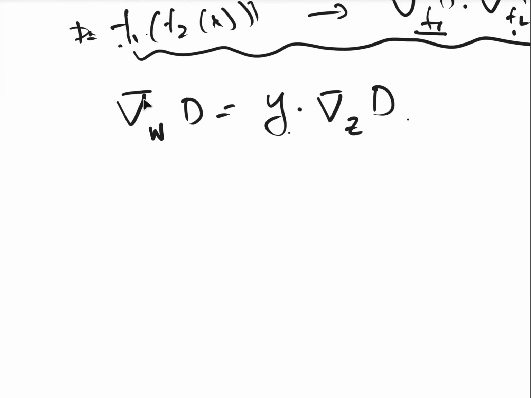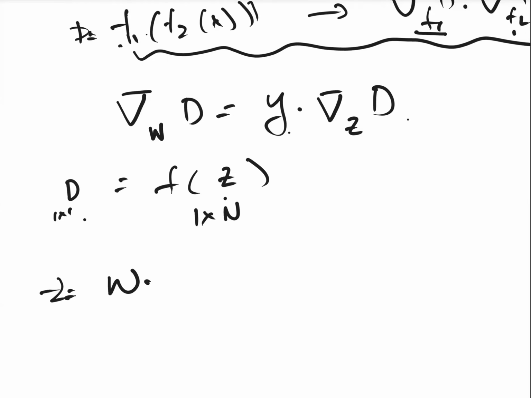Okay, it seems kind of counterintuitive, but suppose D is a scalar, 1 cross 1, equals f of z, and say z is 1 cross n. And then suppose z equals W cross y, where z is n cross 1, and say y is some m cross 1.